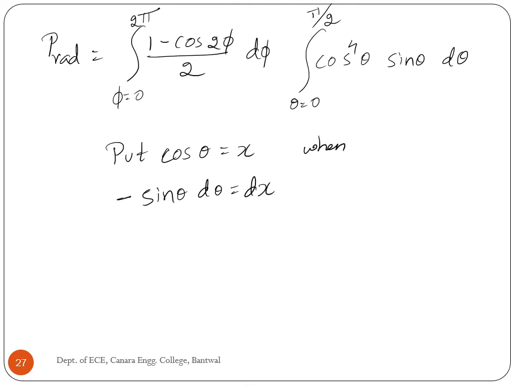When theta equals 0, x equals 1, and when theta equals pi by 2, x equals 0.